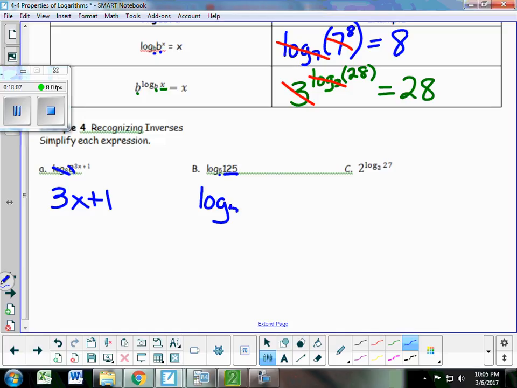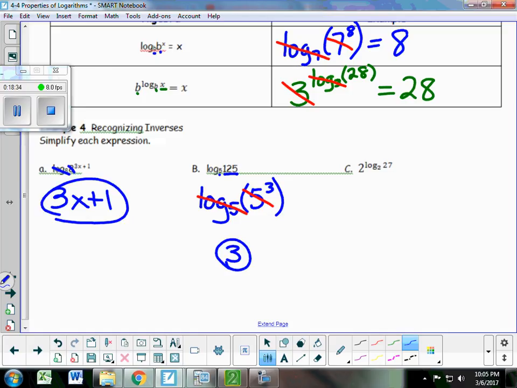Okay, so this would be log base 5, and 125 can be rewritten as 5 to the 3rd power. After we rewrite it that way, notice that we have two bases of 5, log base 5 and a base 5 here. Therefore, our answer is 3. I guess I'll circle my answer over here too.